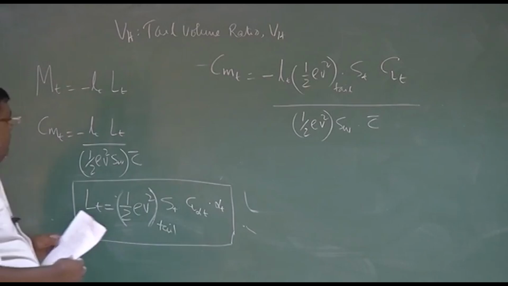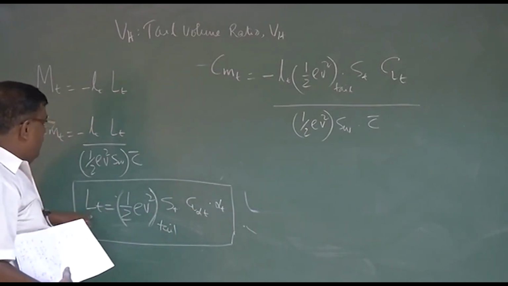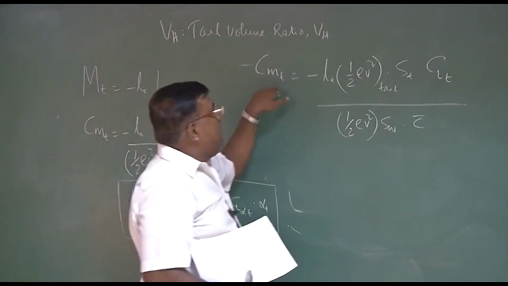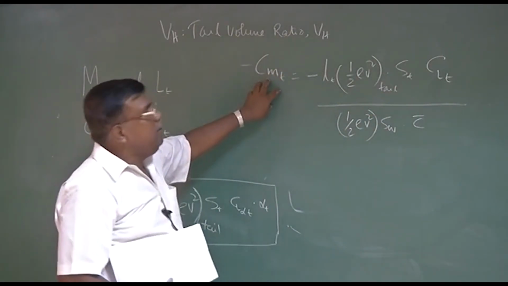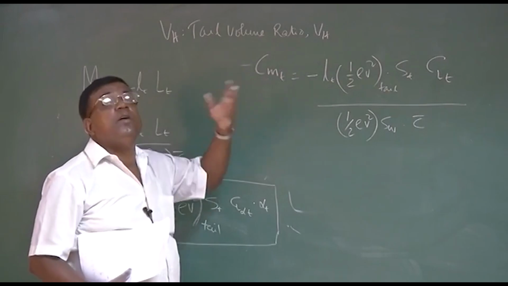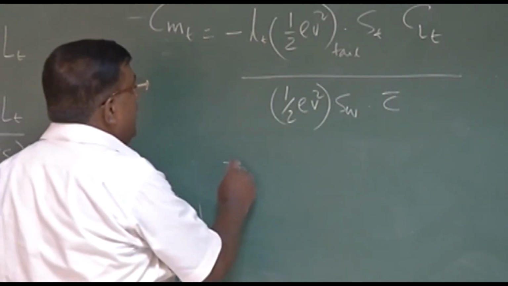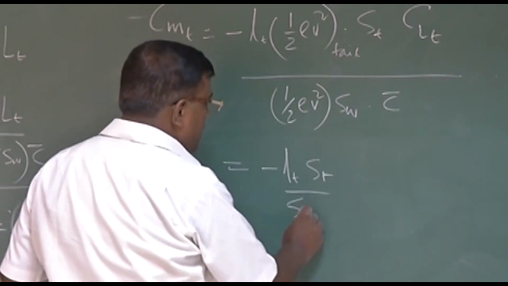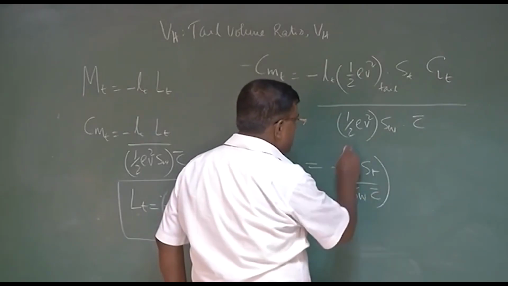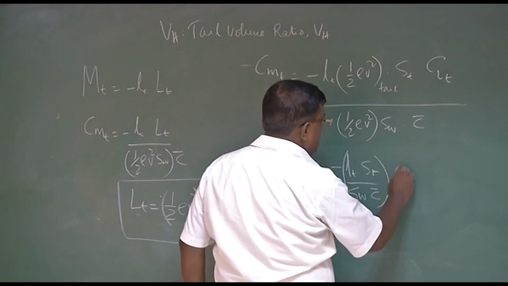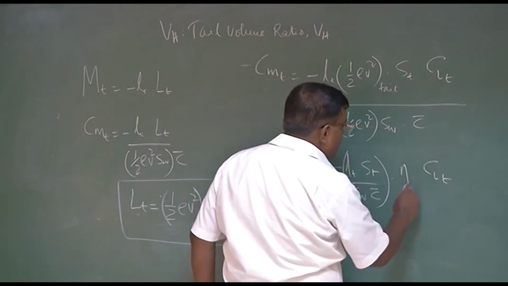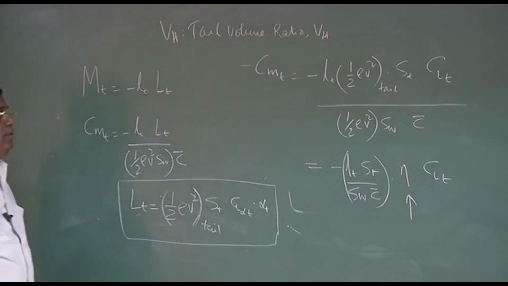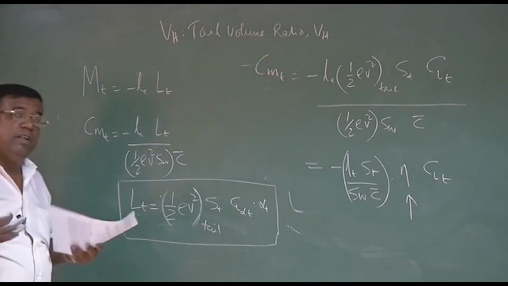You know CM tail now by substituting the expression of L tail into this expression. So I get CM tail as this. What is CM tail? It is the pitching moment coefficient because of tail about CG of the airplane. Right? So this I can easily write as minus LT ST by SW C bar, into eta into CL tail. But eta is the ratio of dynamic pressure at the tail and dynamic pressure at the wing. You can understand the dynamic pressure will be different.